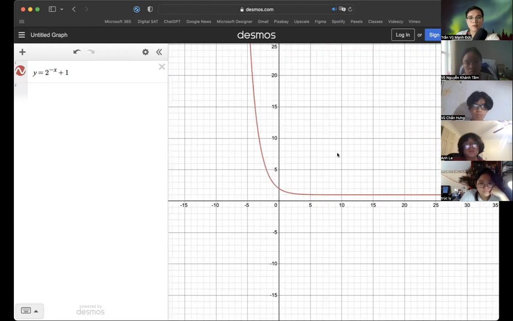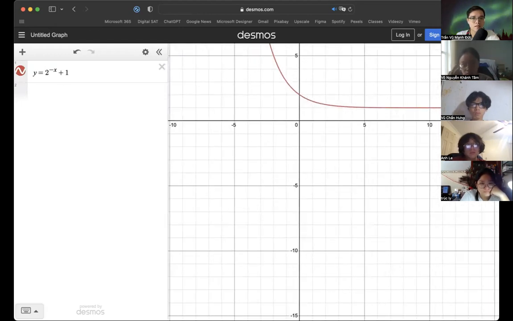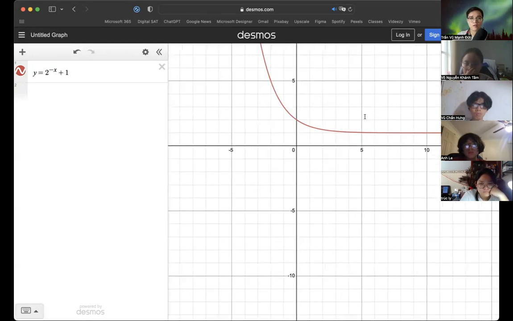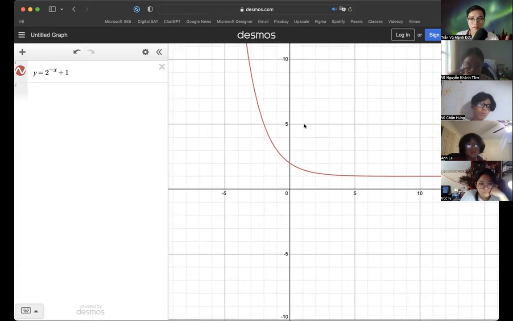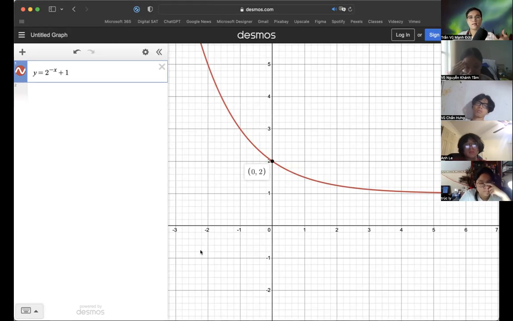If you don't know how to do it, you just type it in. It gives us the shape, and you have the y-intercept of 2 and a 3 here. See, at -1, it's 3, and that's essentially it. It's very simple, and you don't really have to think much when it comes to this kind of question.